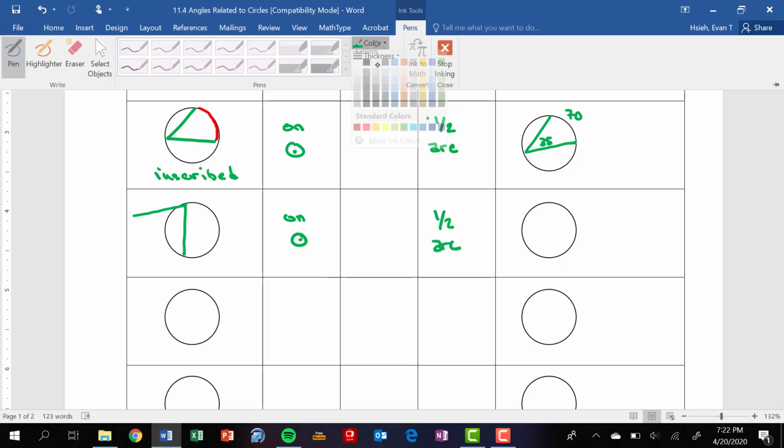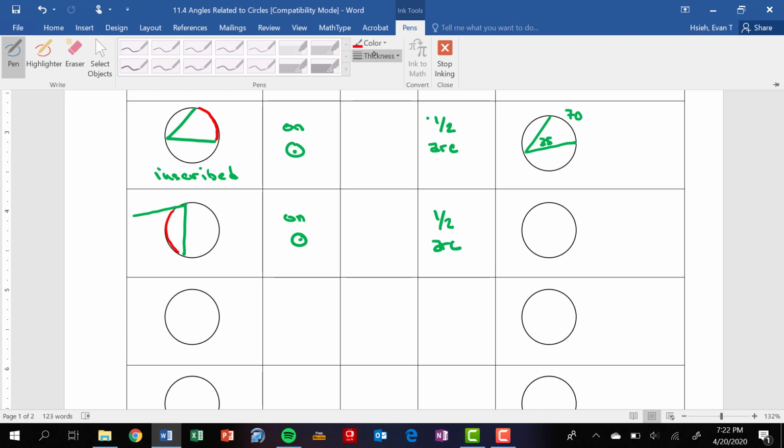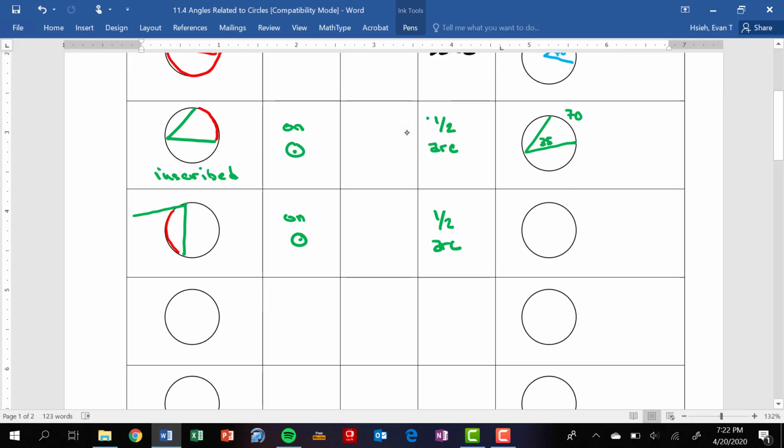So the arc that it intercepts, or the arc that it's eating, is this arc right there. So if I have a tangent chord angle, and this arc right here was, say, 100 degrees, then this angle here would be 50 degrees. It would be half of that.